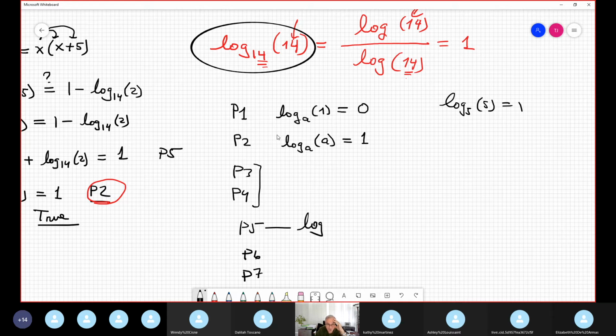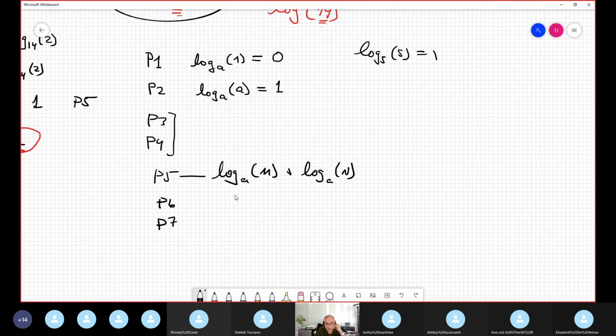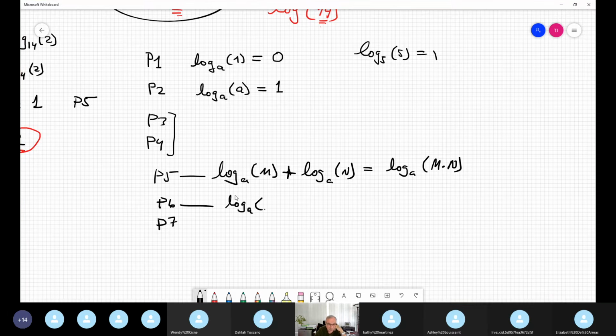When you have logarithm of any base of the sum, where M and N represent numbers or expressions, you condense it in only one logarithm, which is multiplication, M times N. Plus is times, and minus is division.